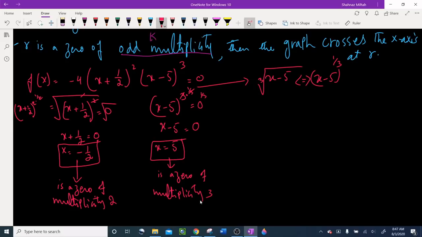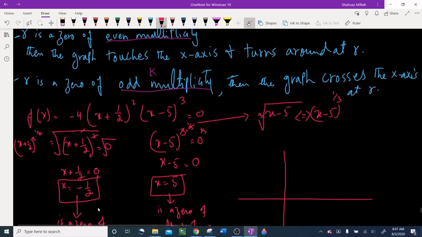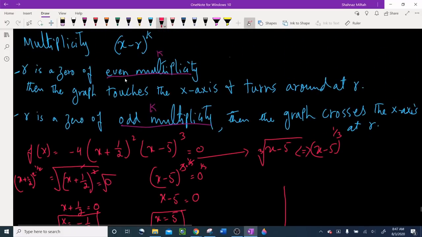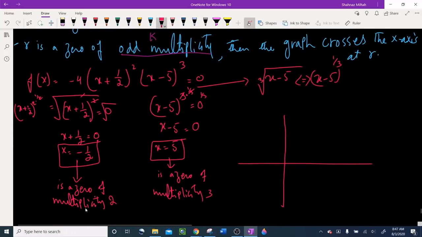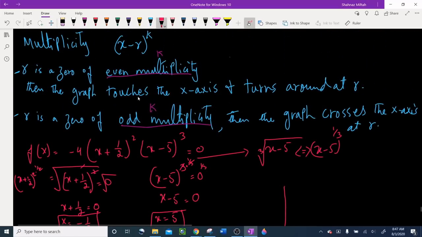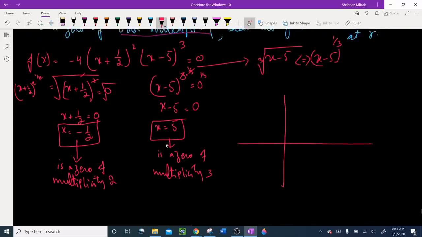Now I'm going to draw a graph and tell you what's going on with it. If you pay close attention up here, if the multiplicity is even, like this 2, then it's going to touch the x-axis and turn around.